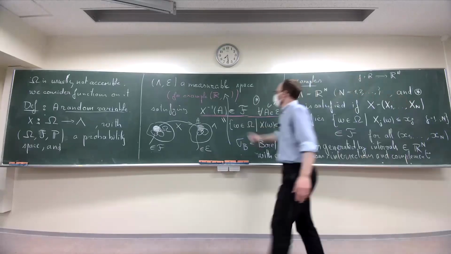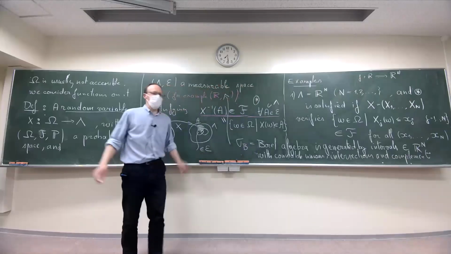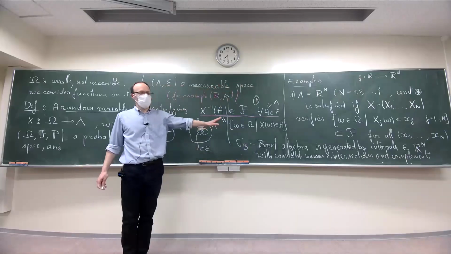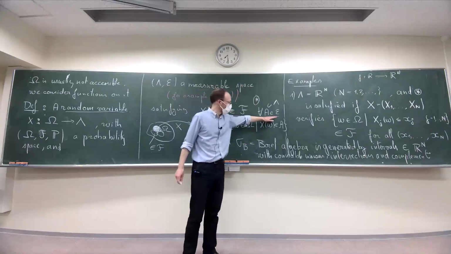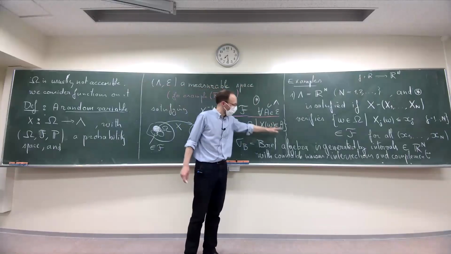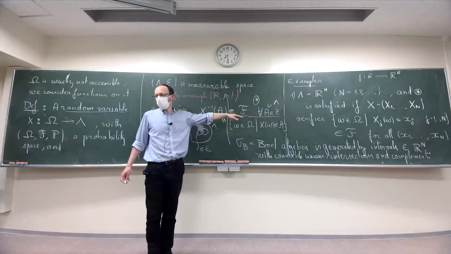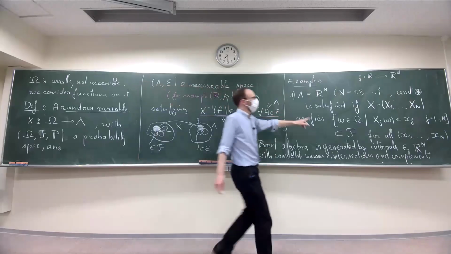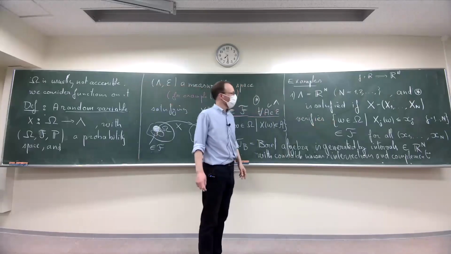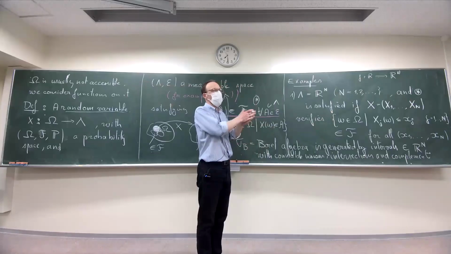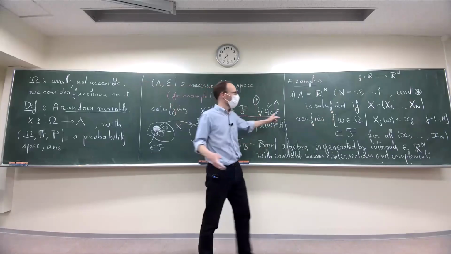So this is what is missing here. But fortunately, the good point is you don't have to check that for any such set, this condition is satisfied. This would be horrible. It turns out that what you are checking here, you are checking it only for half intervals or half lines.